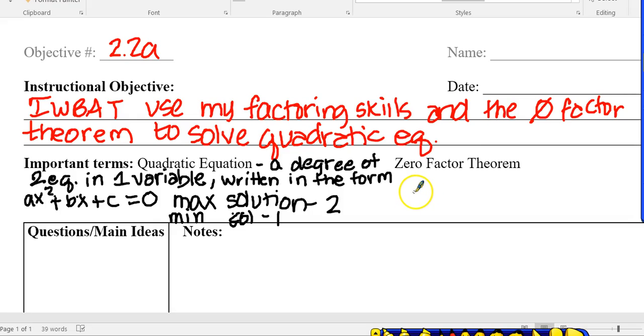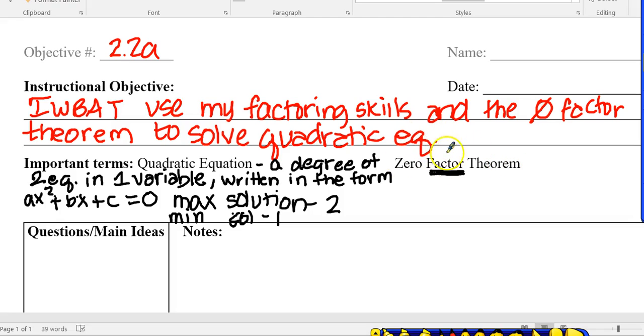Now, what is the zero factor theorem? So what's a factor? Remind me. Really, guys? When we're talking about math, what's a factor? Two numbers that you multiply. The numbers that you multiply to get a product are called factors.